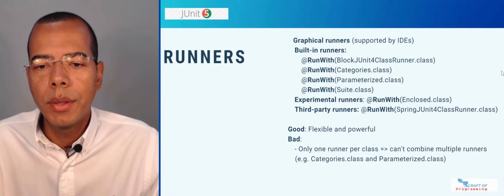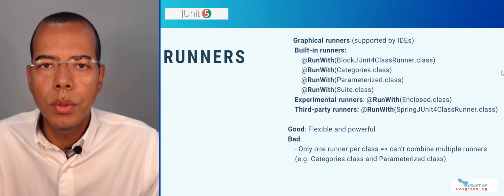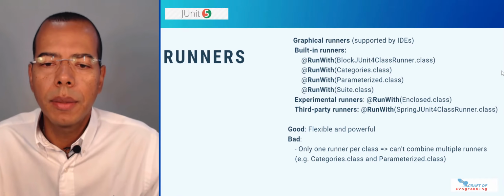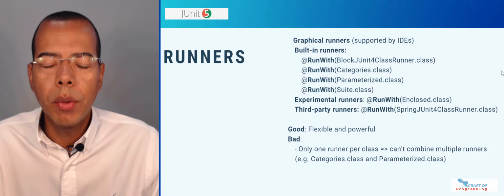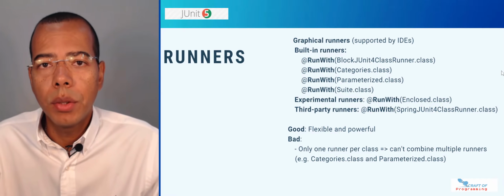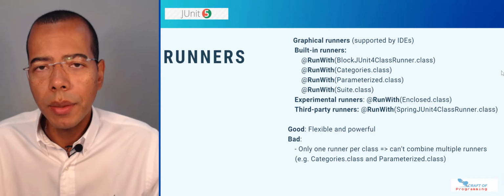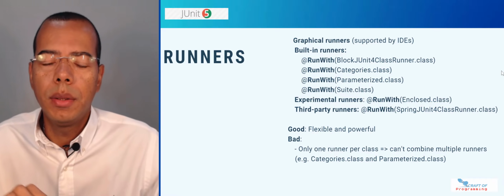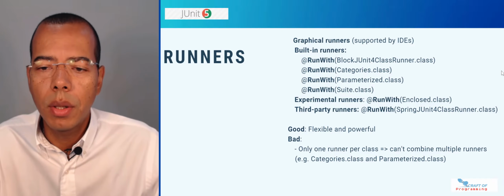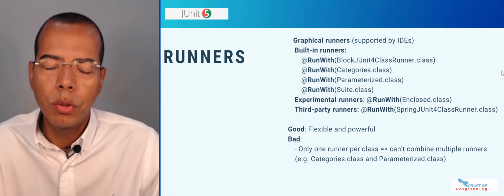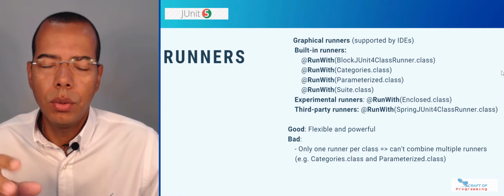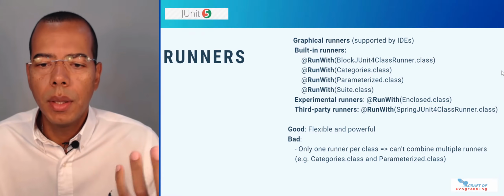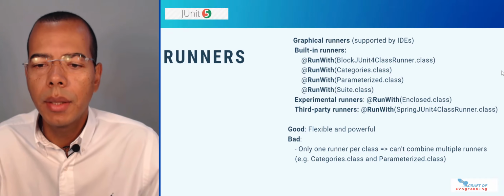So then there was this other way that you could use the @RunWith tag. The @RunWith tag basically was a way for you to use either a built-in runner or a custom runner. So we had the default runner, which is the BlockJUnit4ClassRunner. We had categories, which was a way to categorize tests, and you could basically include and exclude tests in a test suite like that.